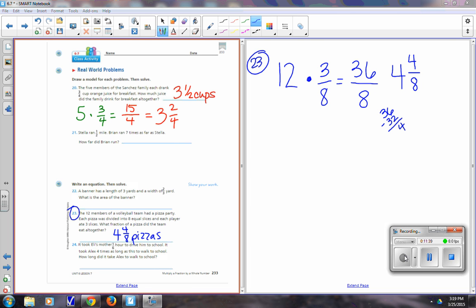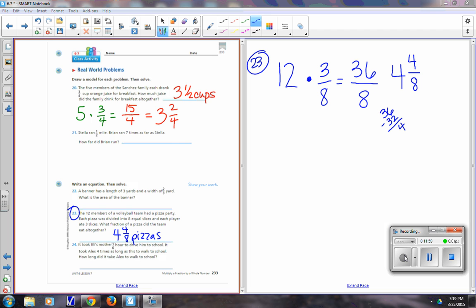Now, if your parents are watching, they're freaking out going, but you need to reduce the 4/8. We're not there yet. We're focusing on just the multiplication of the fractions. In the next unit, we're going to talk about reducing and equivalent fractions. So we'll get there, I promise. We're just trying to get the basics under our belt.